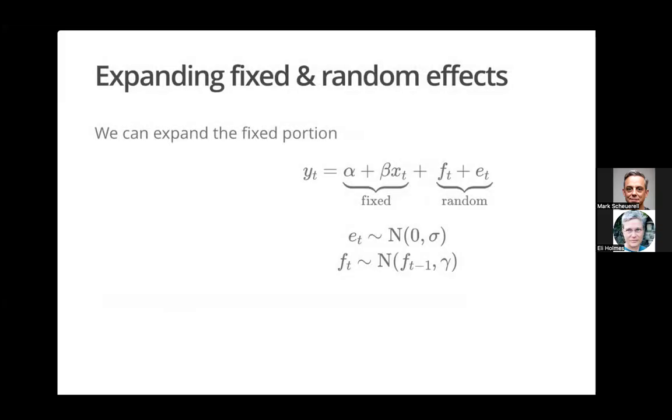Okay, same thing here, right? We made this random component a little more detailed. We had two different components to it. We can do the same thing with that fixed component. We don't have to just settle for a mean. We can say, well, give me an intercept plus the effect of some other exogenous variable, temperature, for instance.